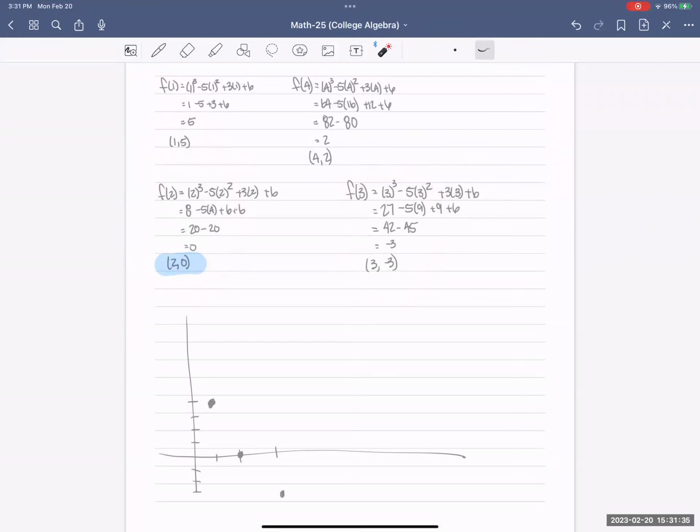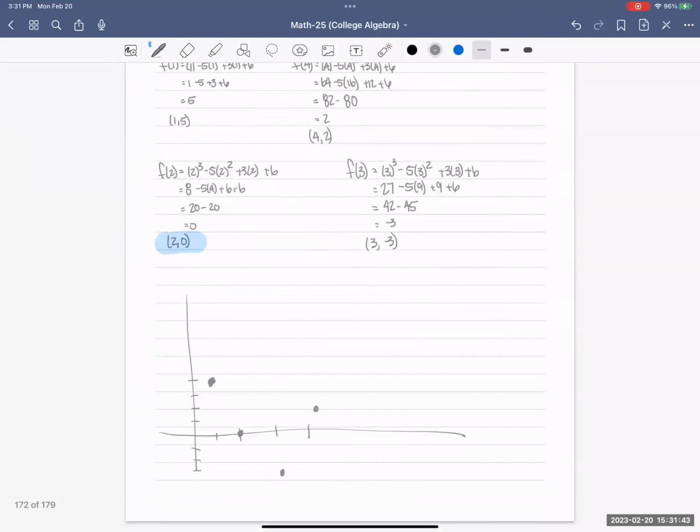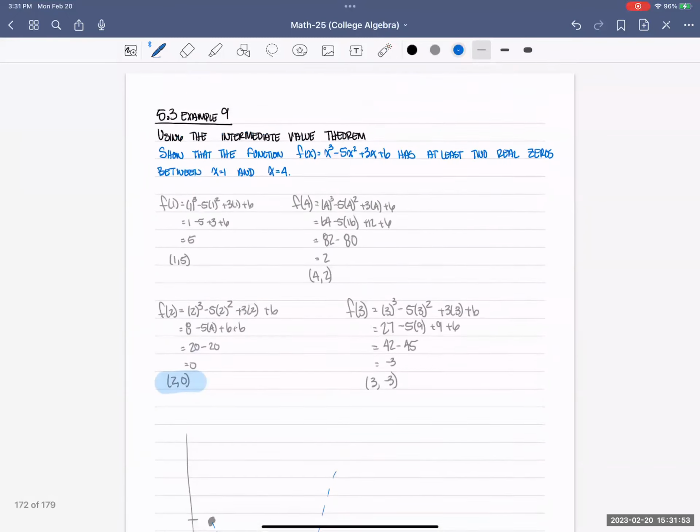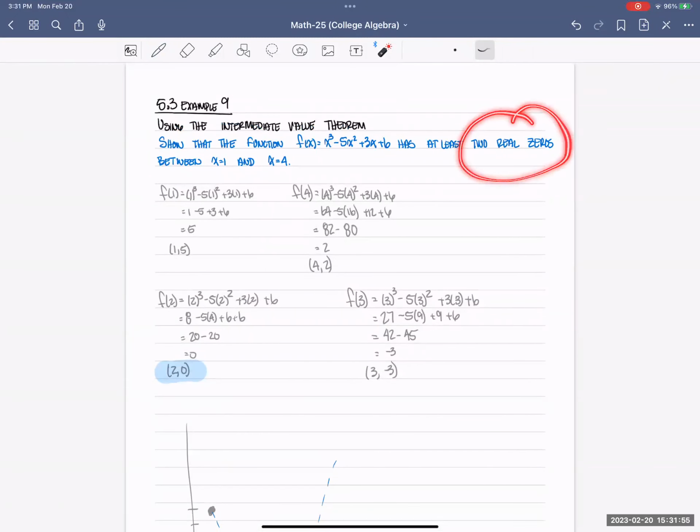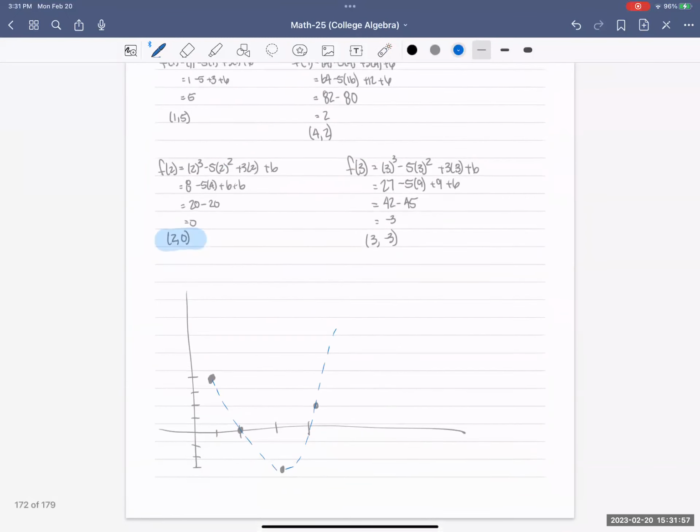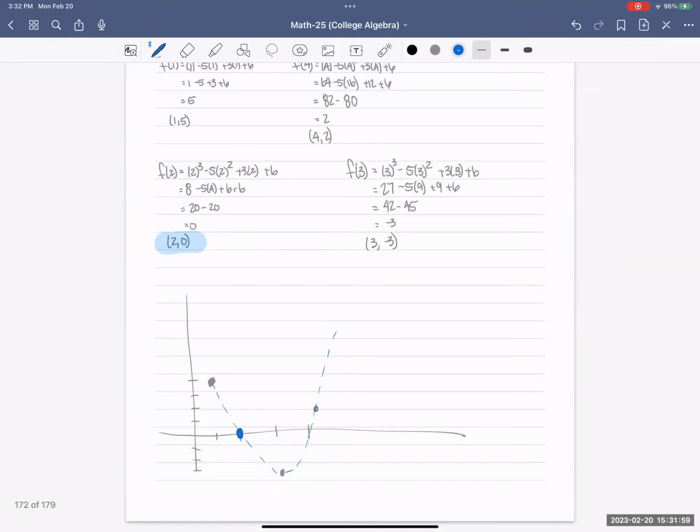And lastly, when x is 4, y is 2. So our graph has to do something like this in order for it to hit all of those different points. They wanted us to prove that we have two real zeros, and we definitely prove that we have one real zero right here.